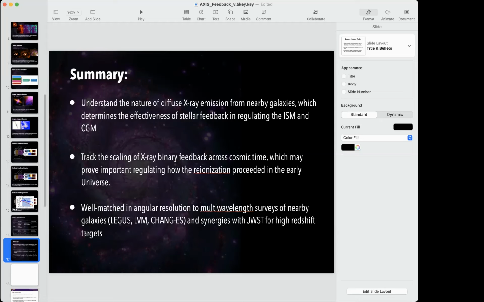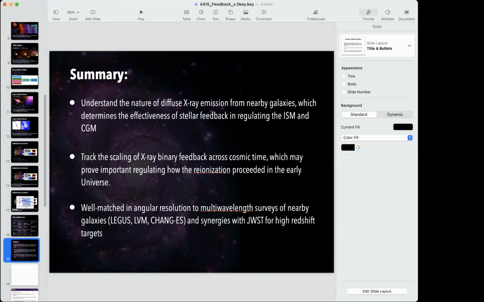Good accounting of the feedback requires a panchromatic view, and X-rays are an integral piece of this for quantifying energy in stellar and X-ray feedback, including both radiative and mechanical. So this panchromatic view of feedback is called out in the decadal.